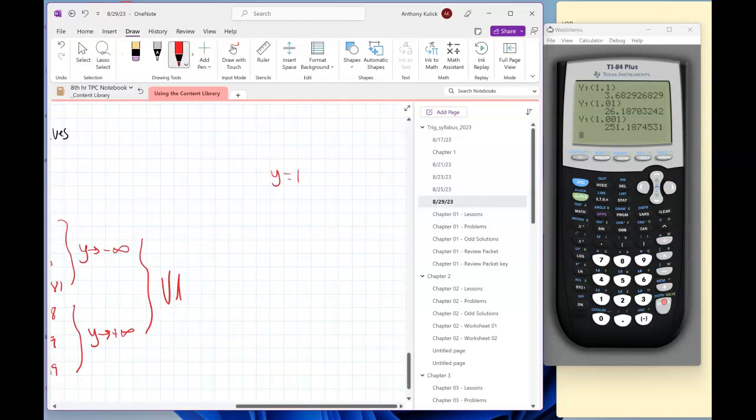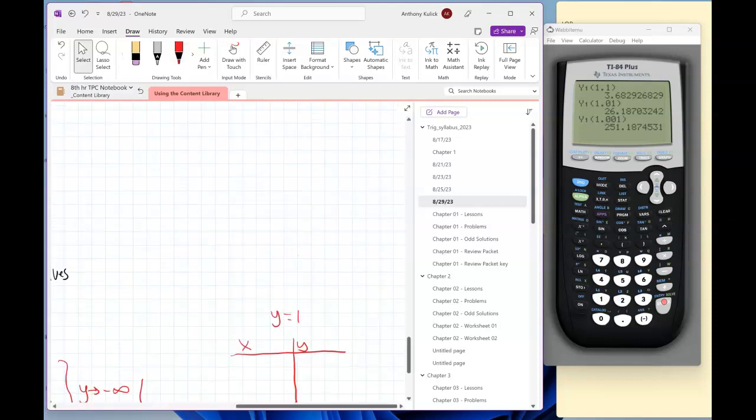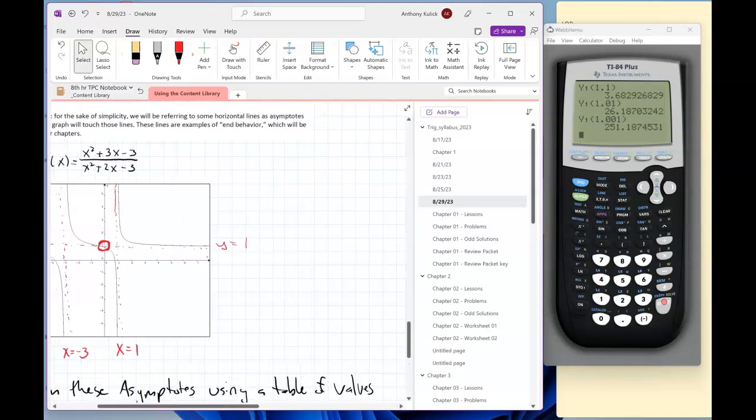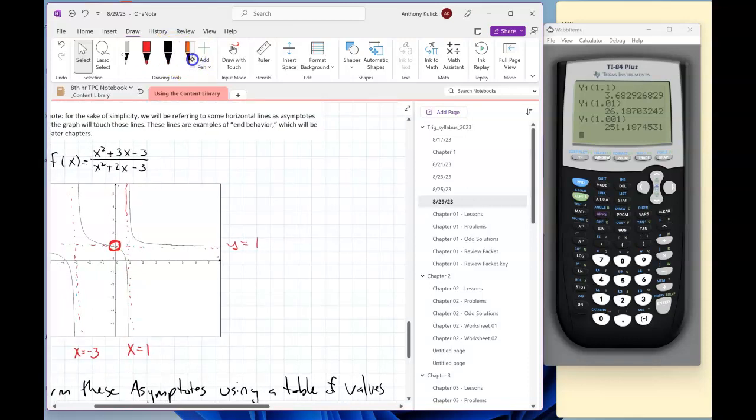That's y equals 0. This one's going to be a little bit different, though, because I have a horizontal asymptote as opposed to a vertical asymptote. So if we go back and look at our graph here for a moment, the asymptote here is approaching a y value as opposed to an x, right? What is happening to the x values at that end?